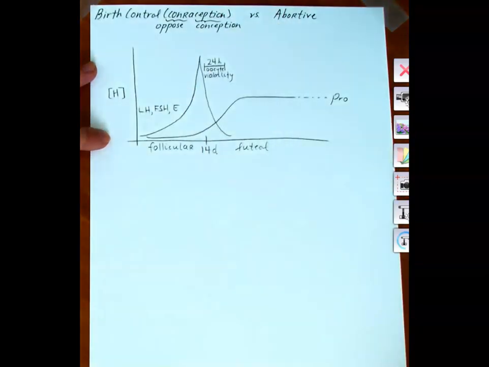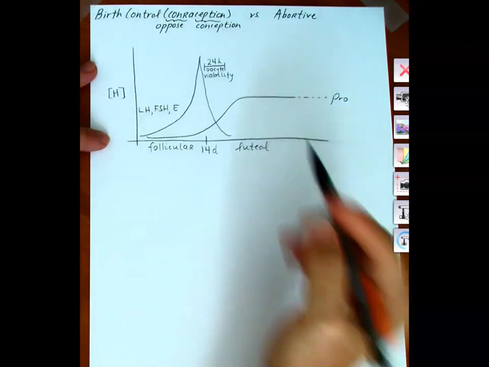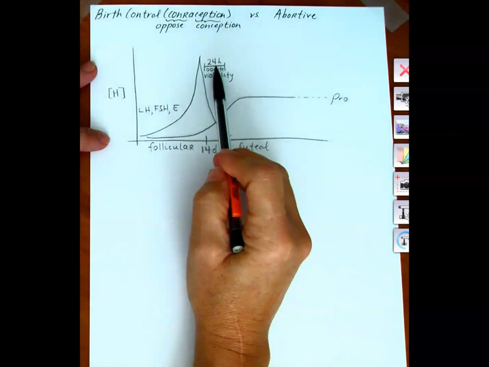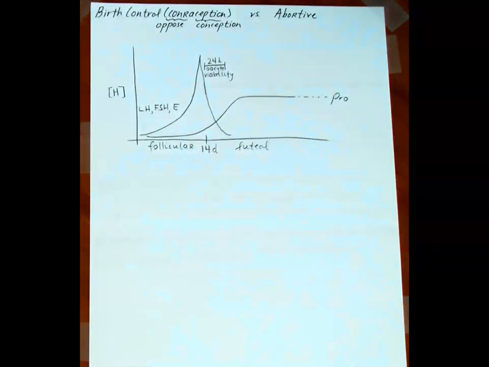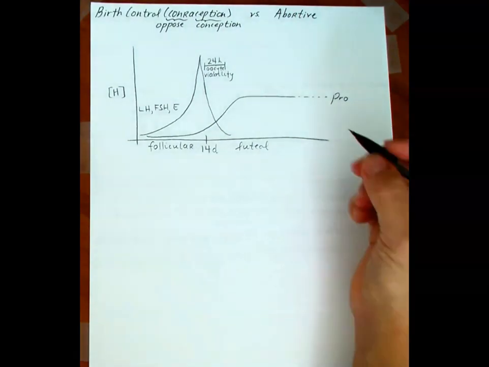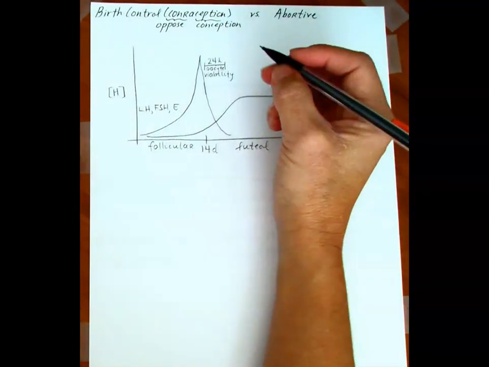And what that means is after 24 hours, that oocyte is going to start to degrade. So fertilization has to occur within this 24-hour window of time. But if fertilization does take place, which occurs in the fallopian tube, it takes about 7 days for the zygote to travel down the fallopian tube to the uterus where it will implant.